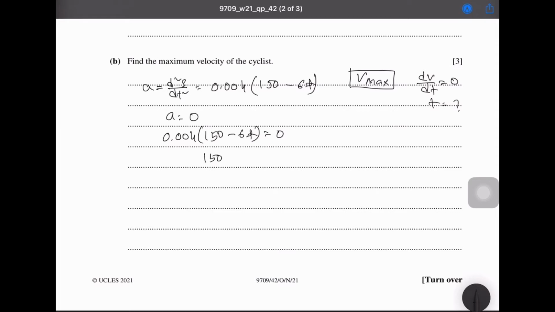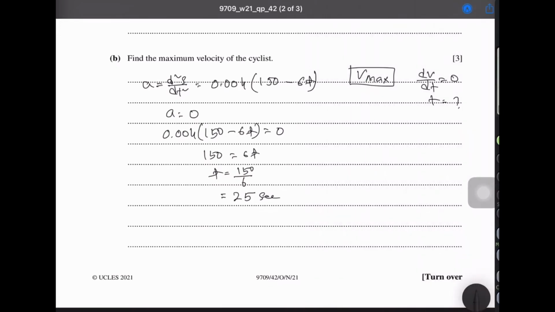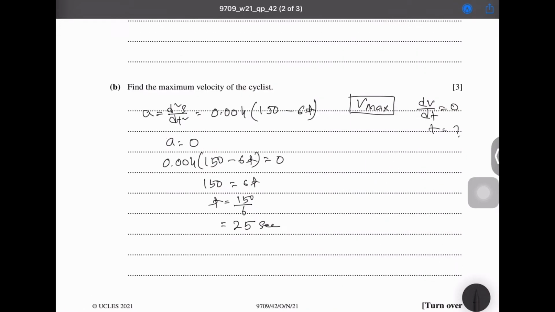So 150 equals 6t and t equals 150 divided by 6. So this is 25 seconds.